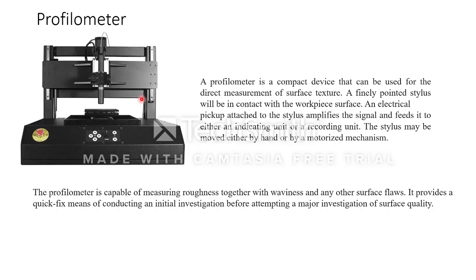So if you want a detailed look at roughness or waviness over a particular surface, you can go with the previous two instruments, Tomlinson or Talysurf. So this is the compact device, the profilometer. It provides a quick means of conducting an initial investigation before attempting a major investigation of surface quality.